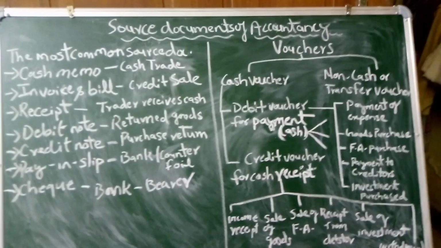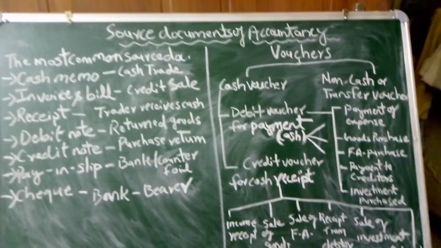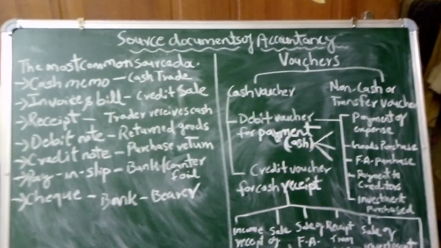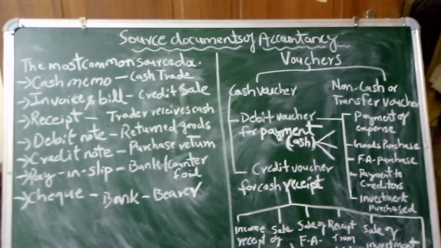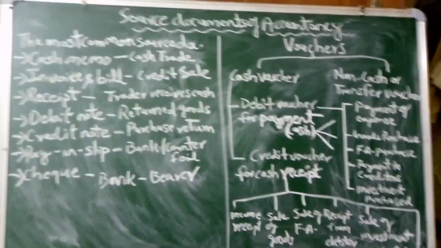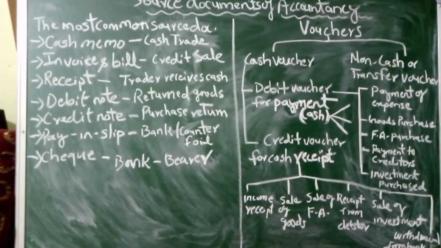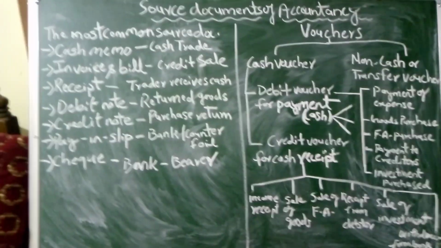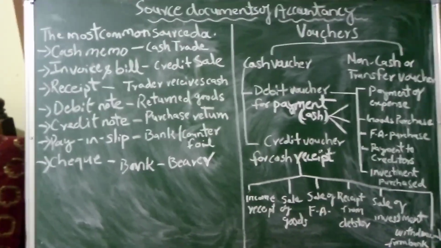On the basis of source documents, entries are first recorded on vouchers, and then on the basis of vouchers, they are recorded in the journal or books of original entry. So vouchers are the initial record, or you may refer to them as an initial document.